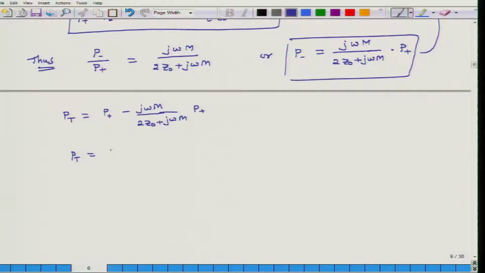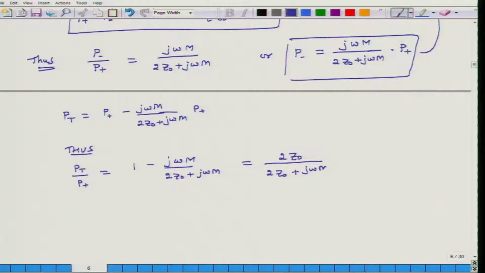So, ultimately what I get is Pt equals, so I will write down the ratio. So, thus Pt over P plus equals 1 minus j omega m divided by 2 Z naught plus j omega m, and that equals 2 Z naught divided by 2 Z naught plus j omega m.